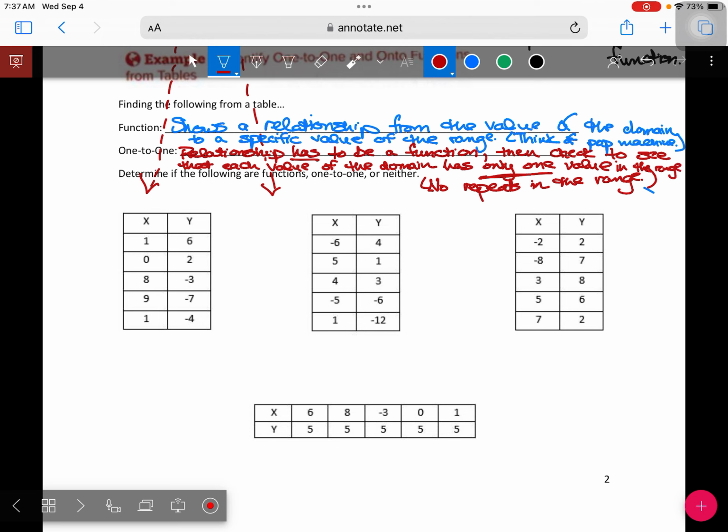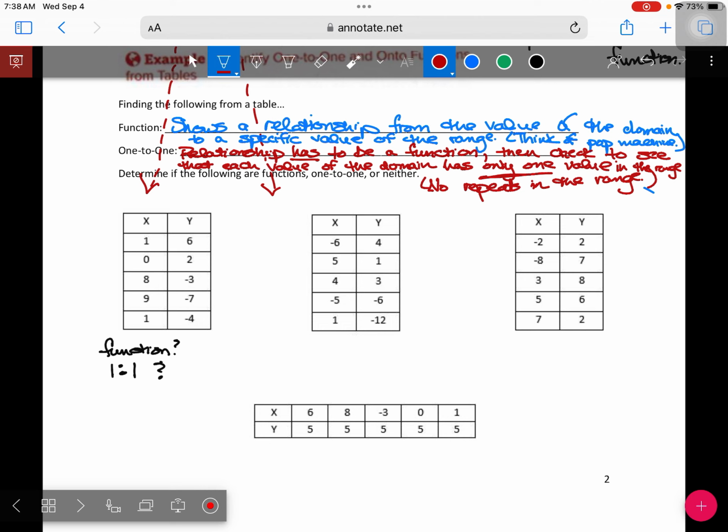All right, so here's what we're doing. We are saying, first of all, is it a function? And then, is it one-to-one? Okay, function, one-to-one. So here are my x values. What is this called again when we talk about all the x values?